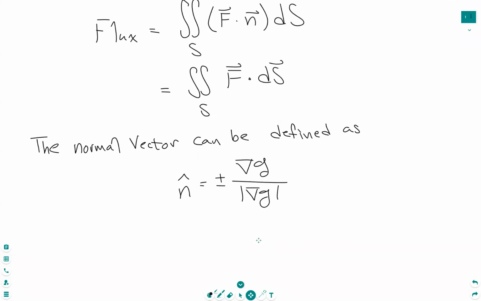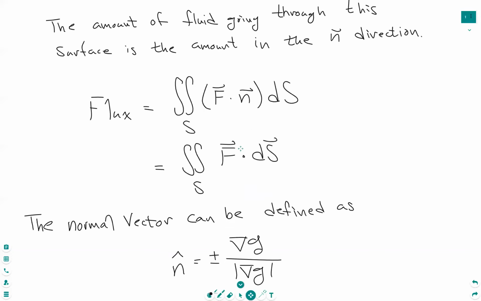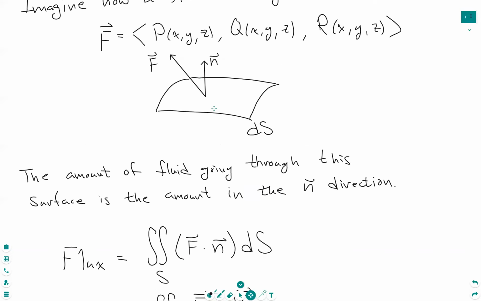So now, where does this plus or minus come in? This is exactly because the surface is two-sided. We have to define our n hat in the direction that we consider outward. In this case, I wanted to know how much fluid was coming out in this direction, right?